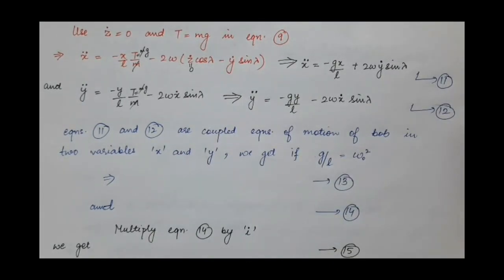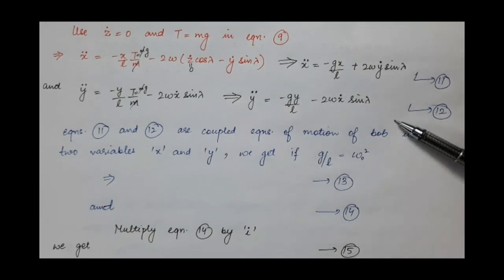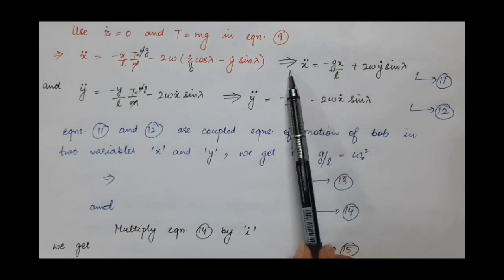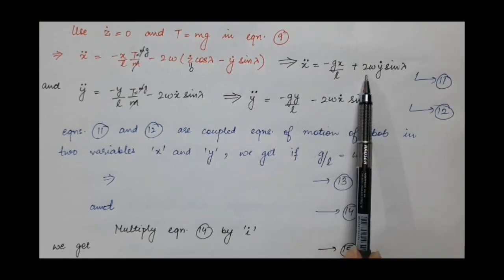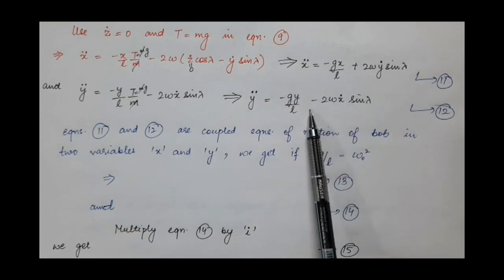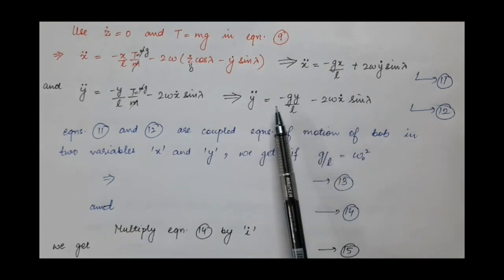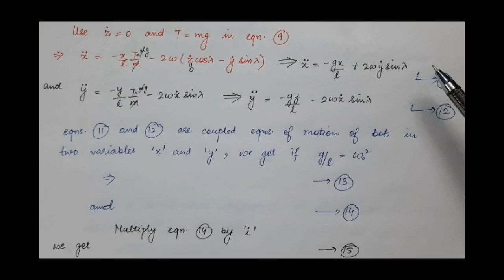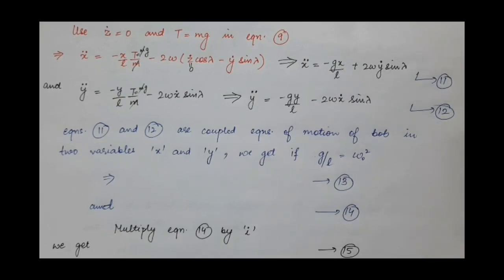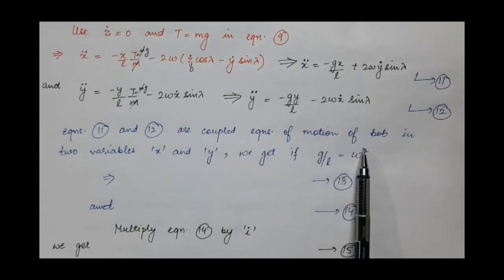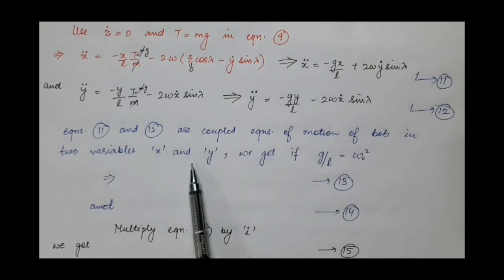As you can see, in both of these equations, 11th and 12th, equation 11th contains both variables x and y, and similarly equation 12th also contains both variables x and y. So equations 11th and 12th both represent the coupled equations of motion of the bob in two variables x and y.